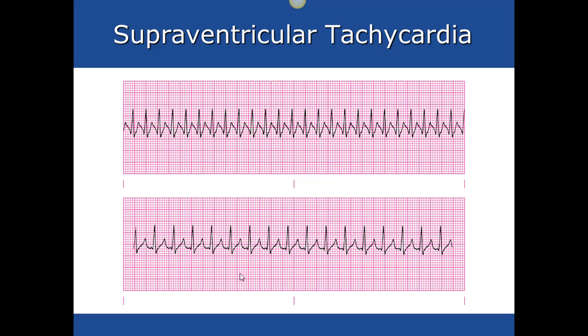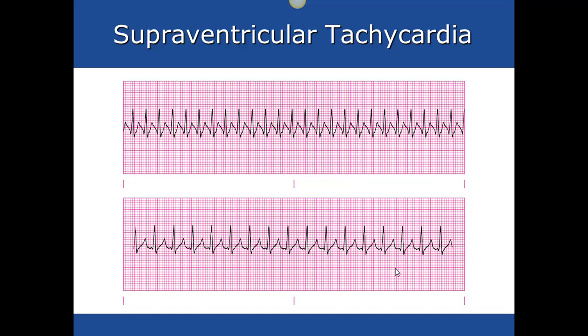It disappears completely over in this complex right there. Therefore, because we don't have a PR interval, we can't measure it. The QRS complex, if we measure it out, is 0.04 seconds. And once again, this would be considered supraventricular tachycardia, or SVT.